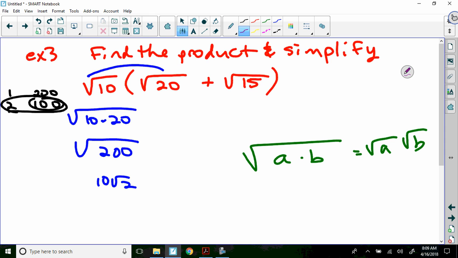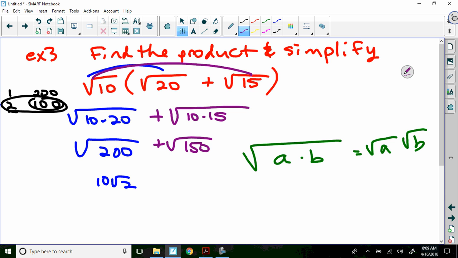This next distribution here, we're going to have plus rad 10 times 15, or plus rad 150. So again, we got to be good at finding factors of numbers. Does 150 have any perfect square factors in it? Doesn't look like it, does it?